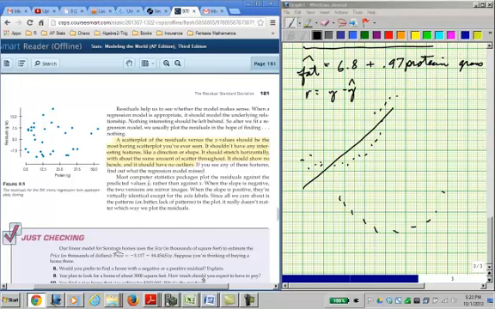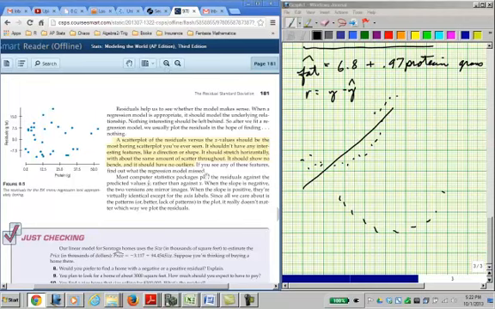And so you can use that list to make a scatter plot and see if you truly have a linear association.